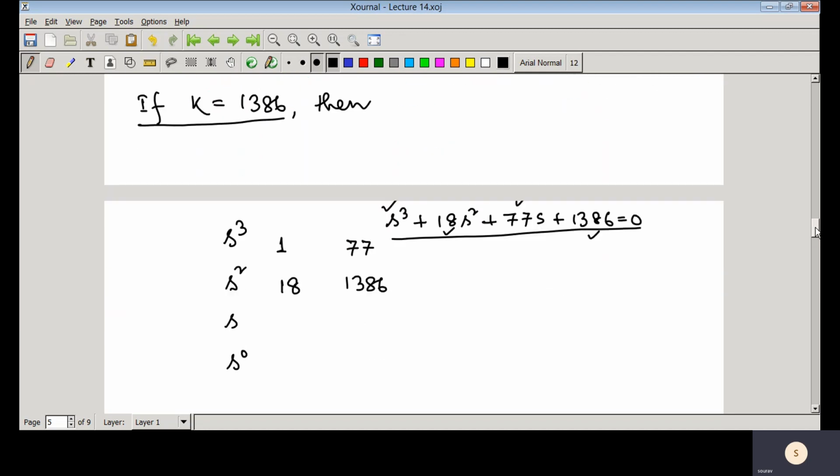So now you can see that whenever you multiply it with this one, that would be 1386 minus 1386 divided by 18. So that means it would be 0.